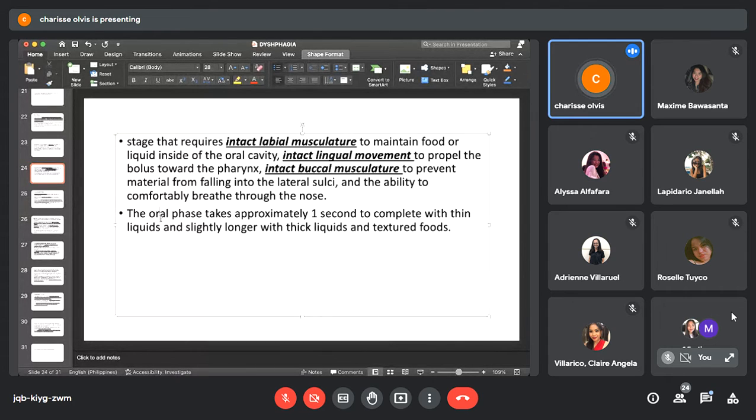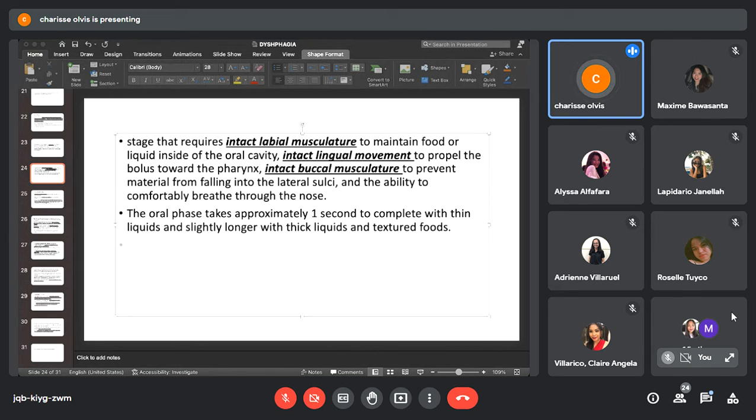The oral phase usually takes approximately only 1 second to complete with thin liquids and slightly longer with thick liquids and textured foods. So maybe if it's a liquid like water, 1 second. But for example, for food, maybe about 3 seconds.